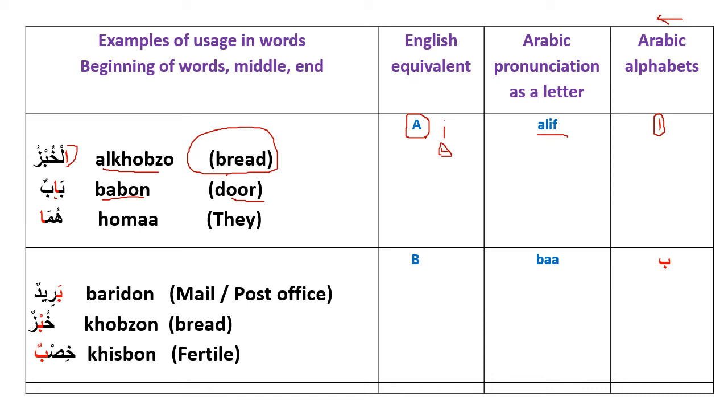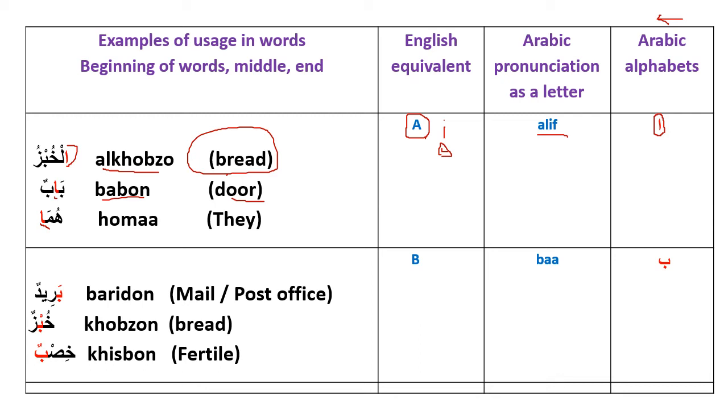If you have to write this letter at the end of the word, it will look like this. It will be attached to the letter that comes before it. In certain cases, there are certain cases which is not attached, and we are going to see them, but this is like a basic presentation.